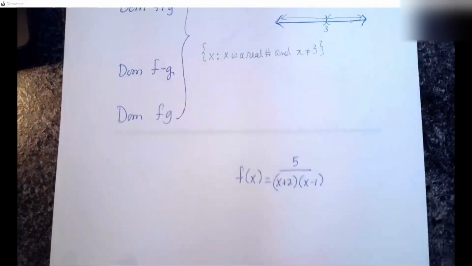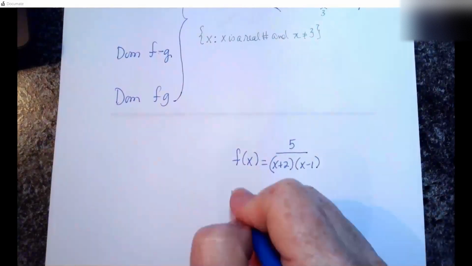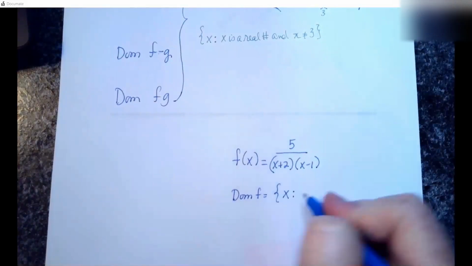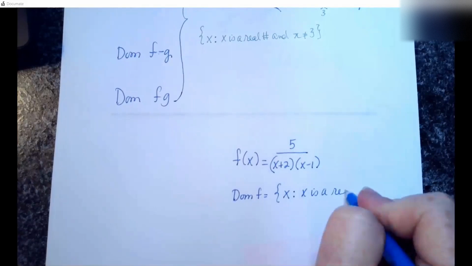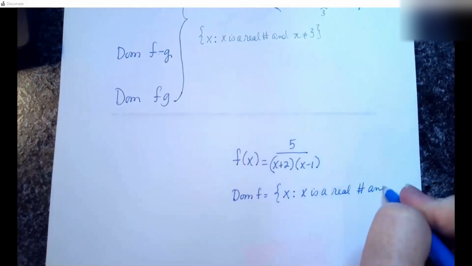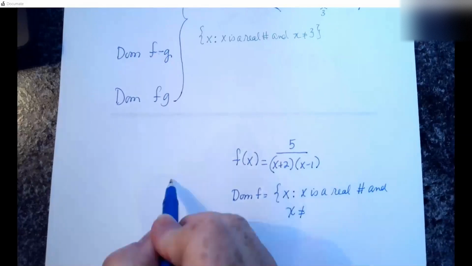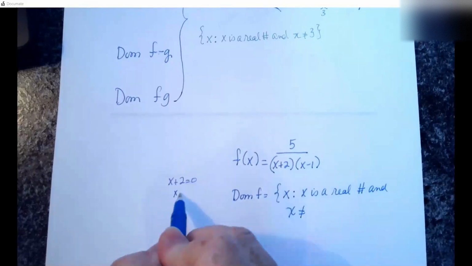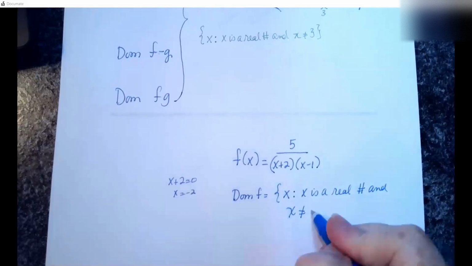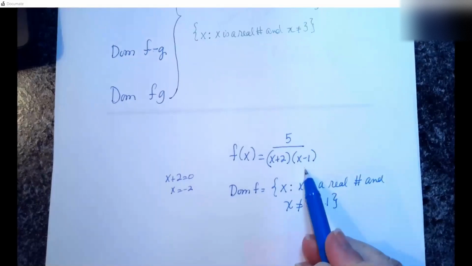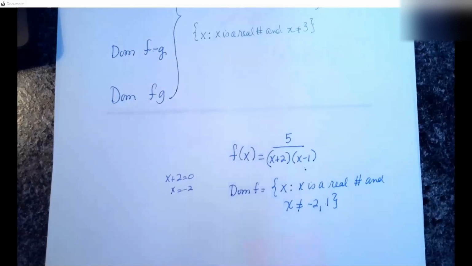If I asked you for the domain of this function, it would be the set of all x such that x is a real number and x is not equal to, well, from this factor, x can't be -2, because if you set x plus 2 equal to 0, you get -2. And it also can't equal +1 from this factor. So any x values that make the denominator of your fractional function equal to 0 have to be left out of the domain.